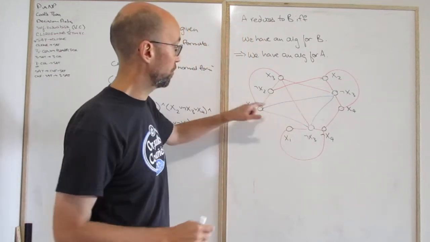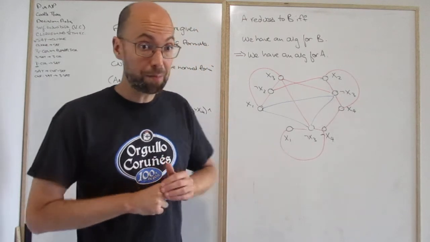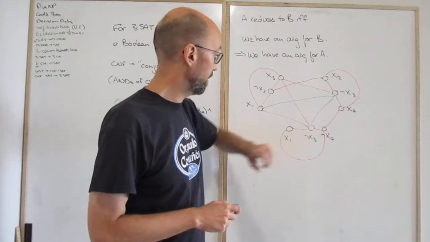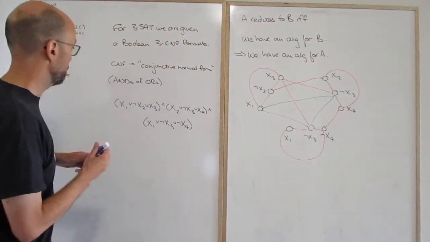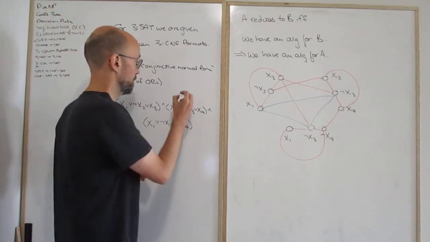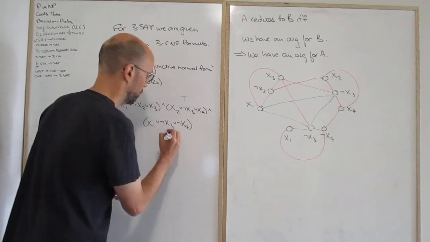These are all simultaneously compatible. So I'm going to claim that if I have x1 is true, not x3 is true, and not x3 is true, x1 being true makes this whole clause true, not x3 being true makes this whole clause true, and not x3 being true makes this whole clause true.